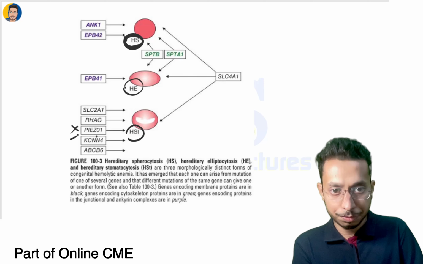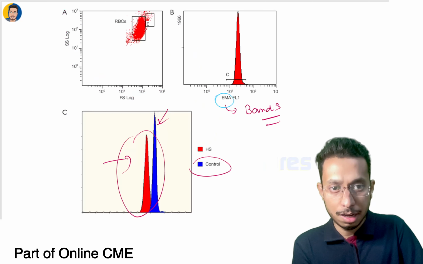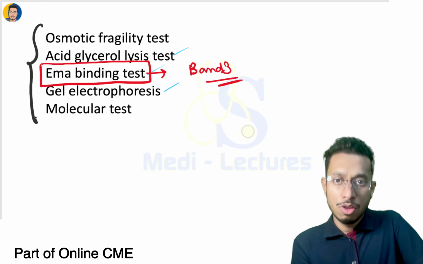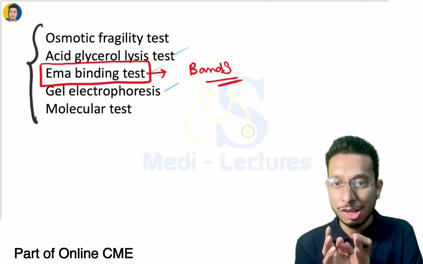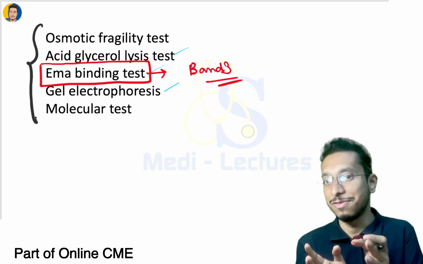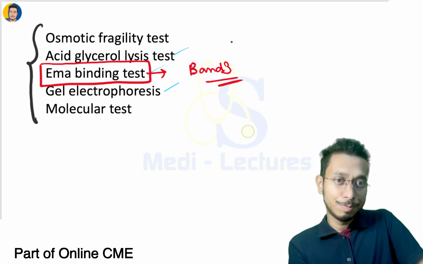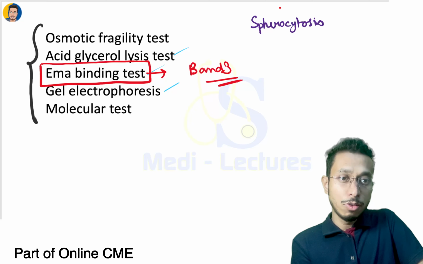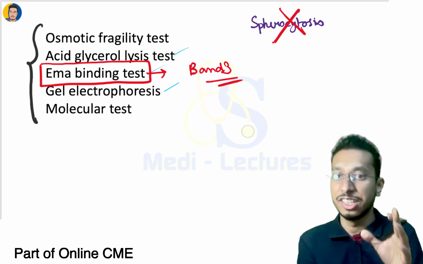Now, remember one thing, as I have said regarding the diagnosis part, these are the tests we need. So, check in this diagnostic algorithm, nowhere has the peripheral smear been mentioned, because spherocytosis is not pathognomonic for hereditary spherocytosis.